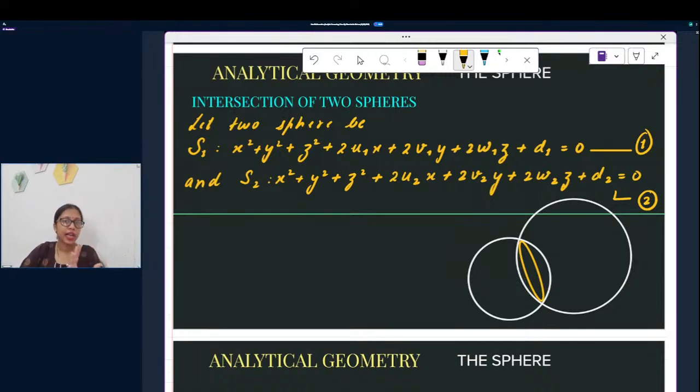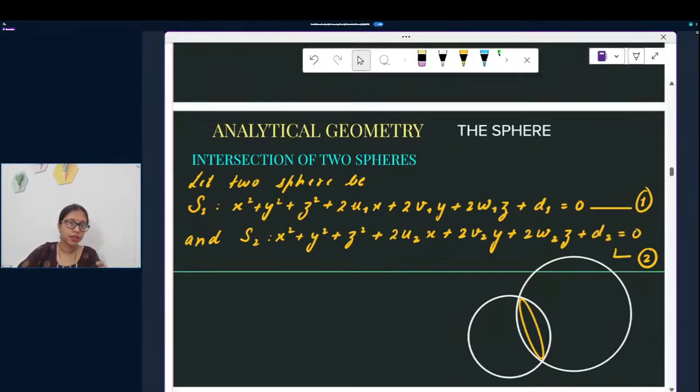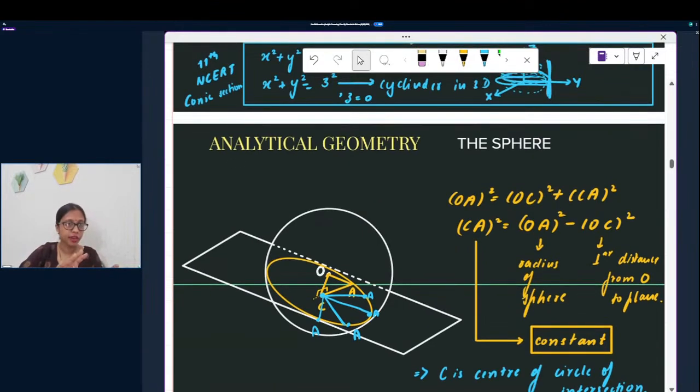See, actually, the problem is that when I was dealing with a sphere and a plane, so far we are having discussion on the sphere. So eventually we'll learn many things about the sphere, and we have already learned a few things. For example, how to find the equation of a sphere if two diametrical points are given, or four points are given, and all those things.